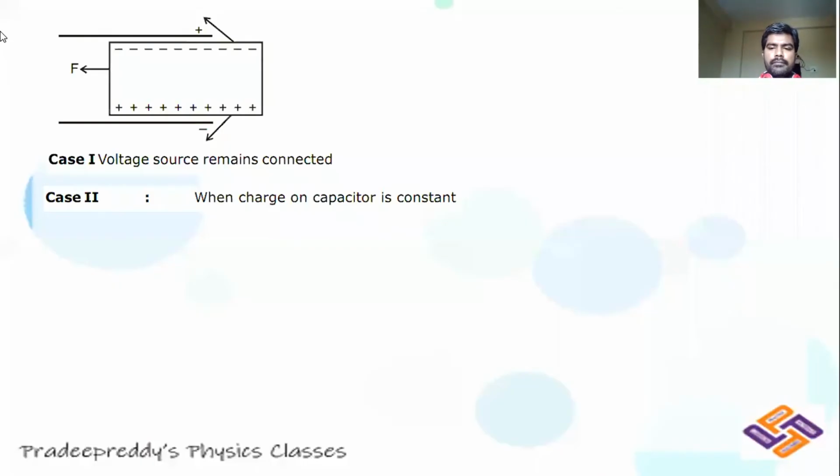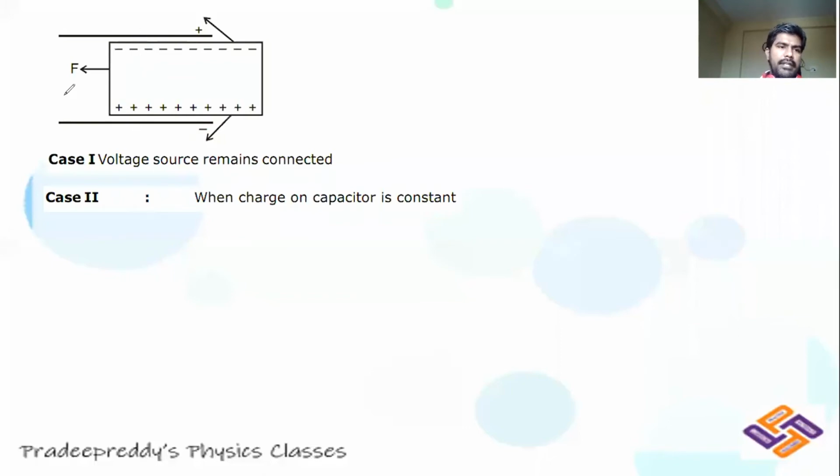Now let us see one more concept here. In the previous slide, we saw the entire dielectric slab completely occupying the space between the plates. But now the dielectric slab is partially filled between these two plates.